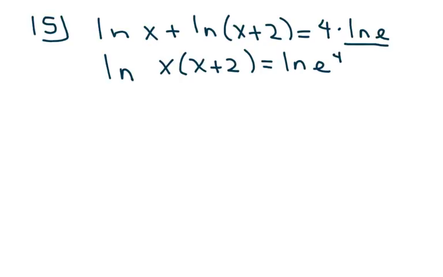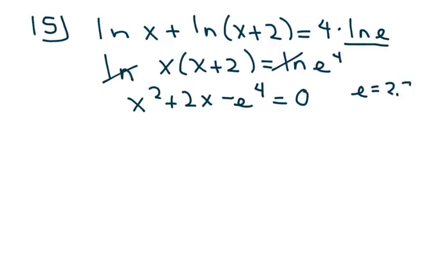Now, I can cancel my ln's, and since it's quadratic in form, I have to factor or use a quadratic formula. So this one's a weird one, and we're just going to remember e is just what? 2.718. If you want to write that number down, you can. And then you would have to the fourth it, but let's just use the quadratic formula.